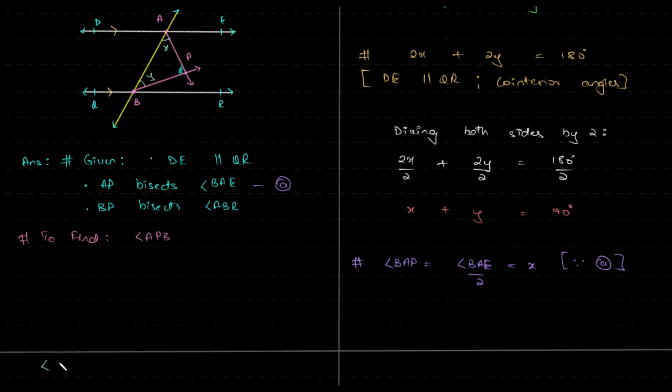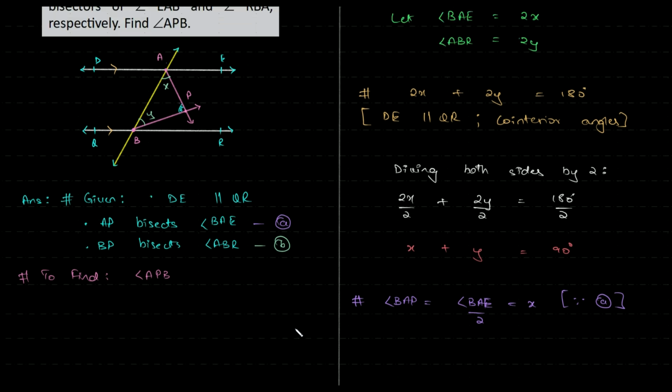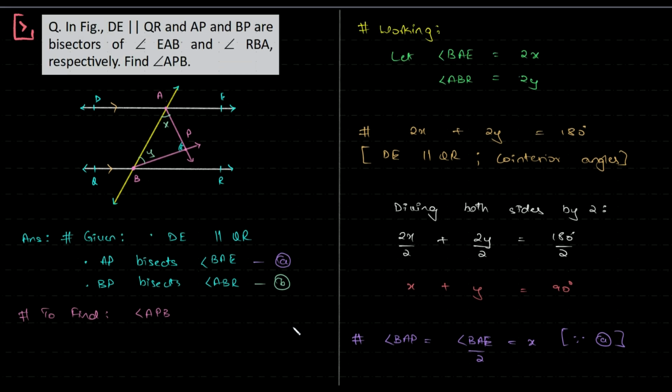We need to write that angle ABP is equal to angle ABR by 2. So this is equal to y because of statement B. Agree? Please have a look. And now, with all of this, can you figure out angle P? It's very simple now. You should be able to do it.